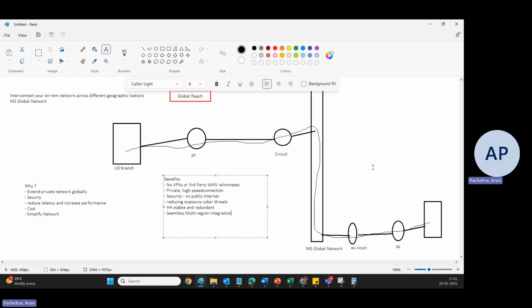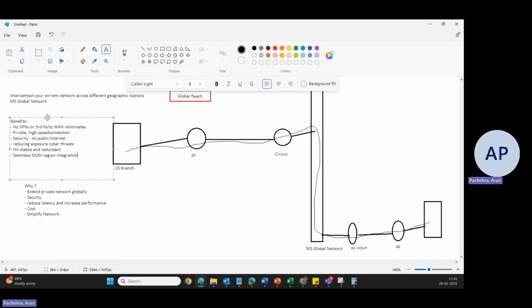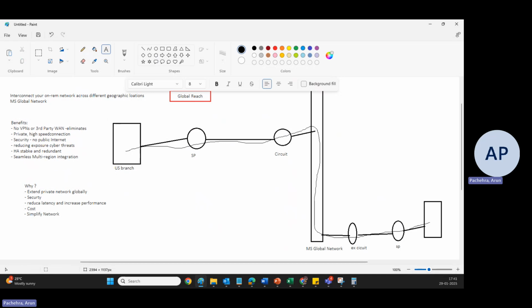Very nice. So we understood the benefits as per the architecture, and why somebody would like to use Global Reach. Now let's go through a few use cases, the kind of organizations that should consider Global Reach, just for the sake of understanding. So a business with multiple data centers across different locations: companies with offices or data centers in different countries or regions that require secure high-speed connectivity between them.